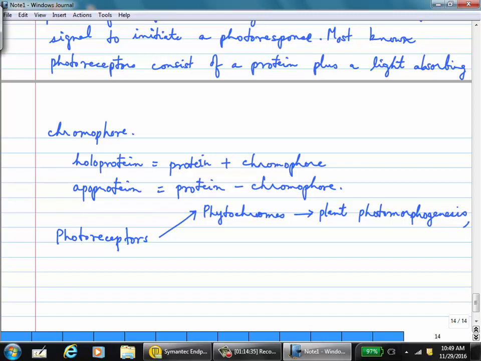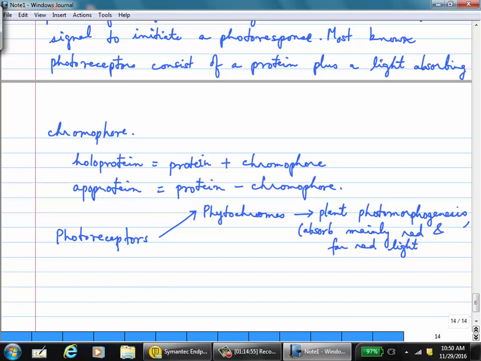Because if you look at the spectrum, you're going from red to blue and then violet. So these phytochromes absorb mainly red and far red light.